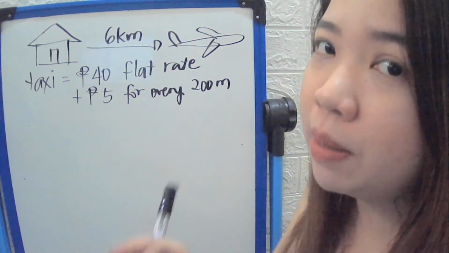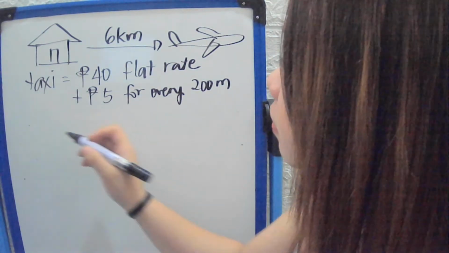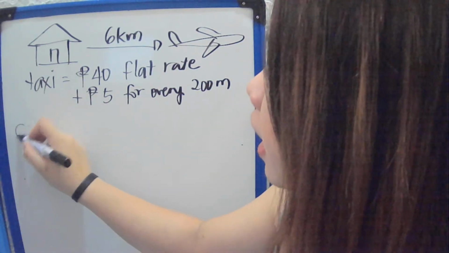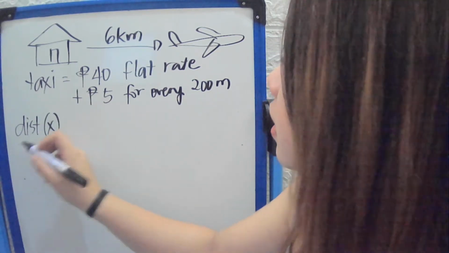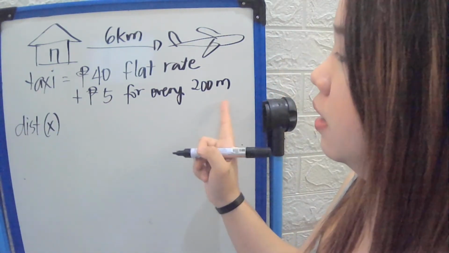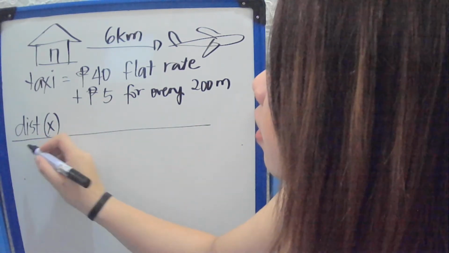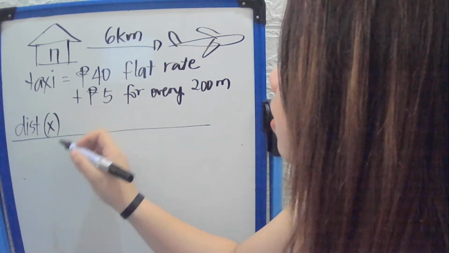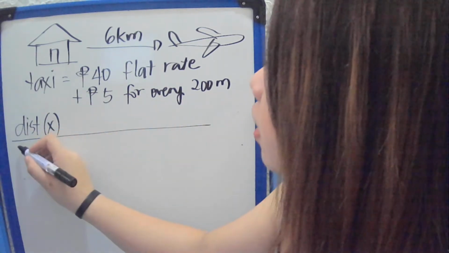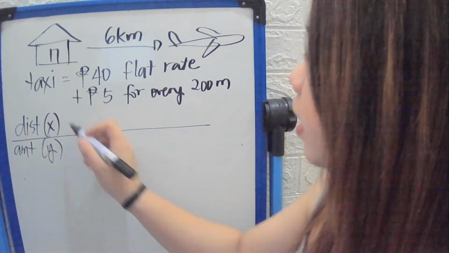So, gawa tayo ng table para mas maayos nating makikita yung problem. So, let us say that your distance traveled is X. This is in meters, kasi in meters ka. Okay? And then, if your variable X is the distance traveled in meters, yung amount na babayaran, yun po si Y. Okay.